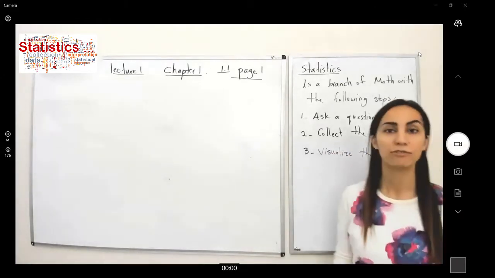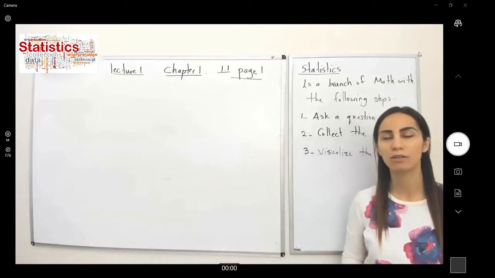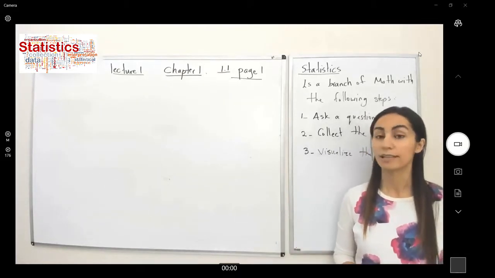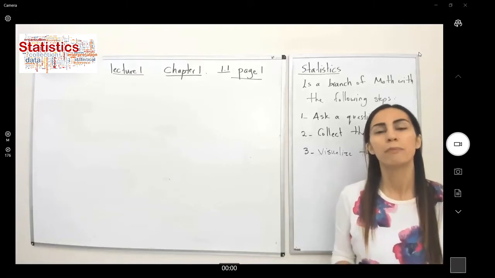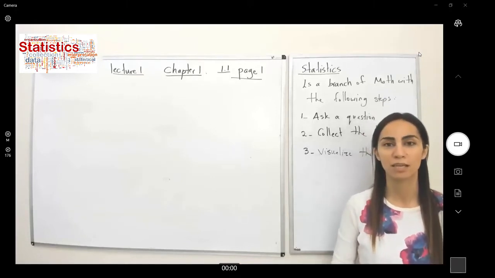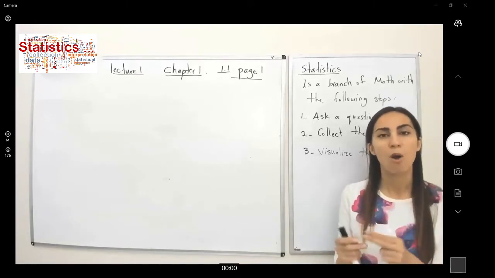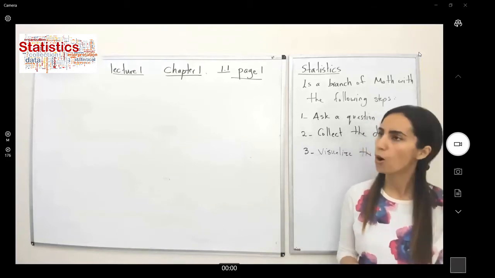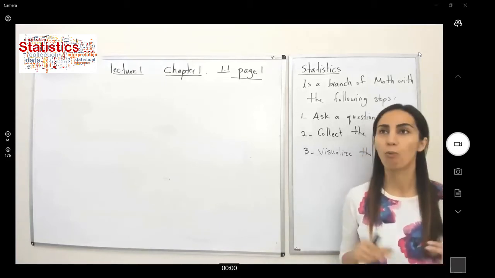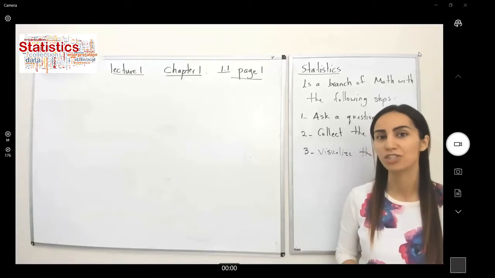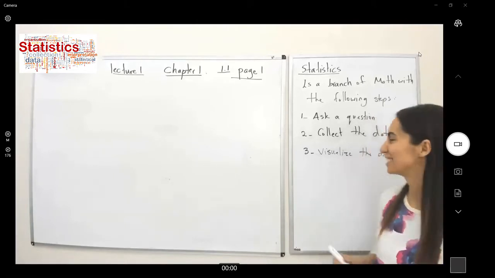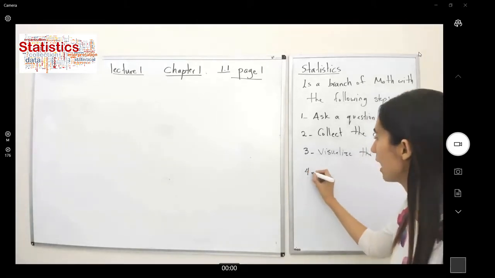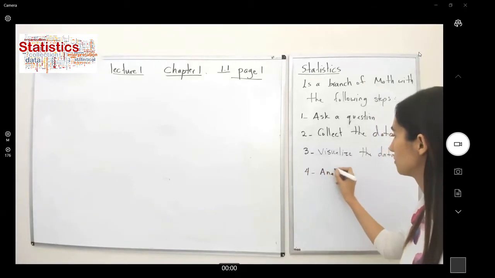After visualizing the data, you're interested in assigning a numerical characteristic. What is the mean? What's the exact value? What is the range? What is the standard deviation of that collection? So you try to analyze the data.